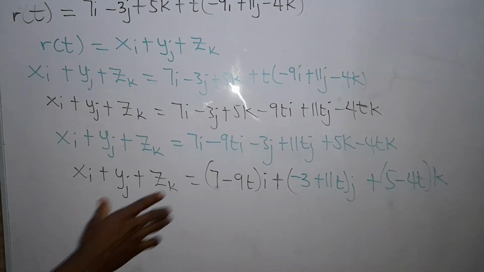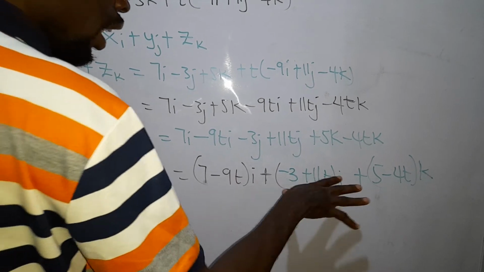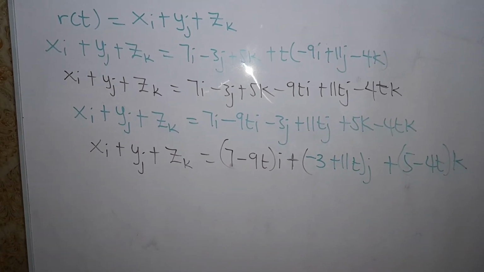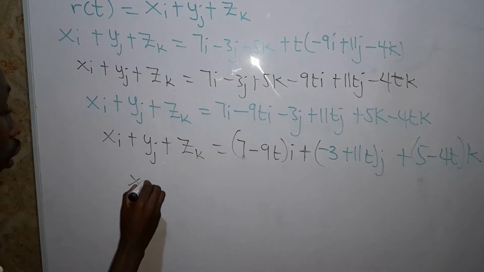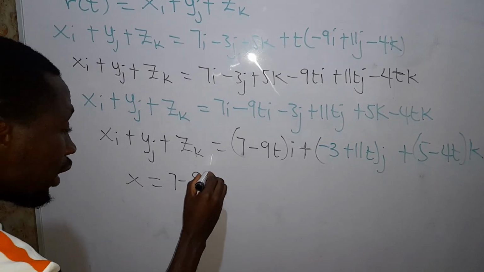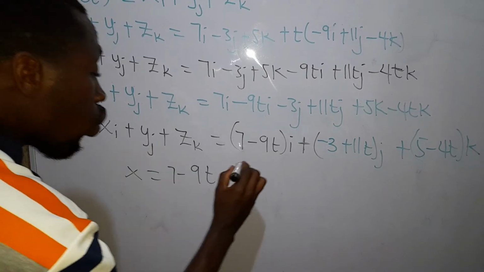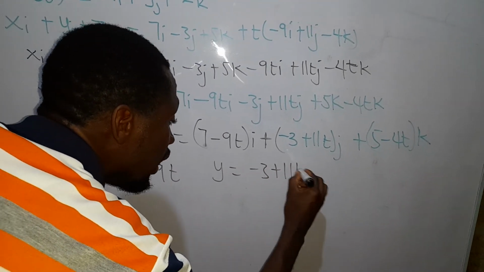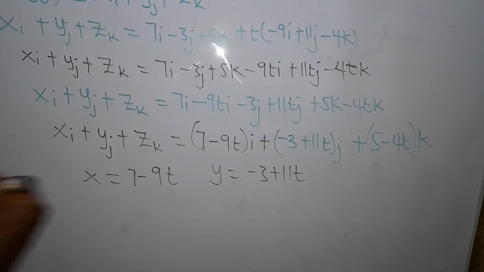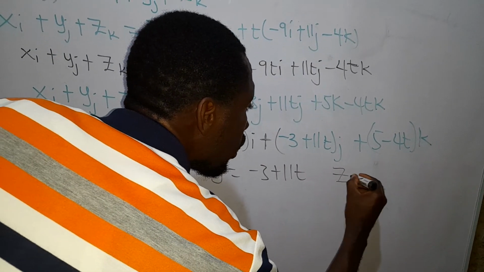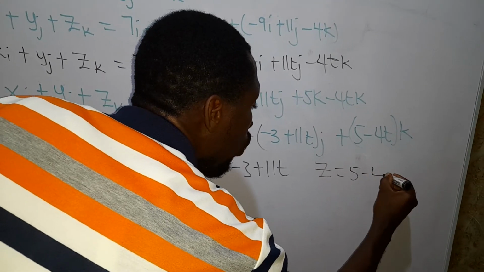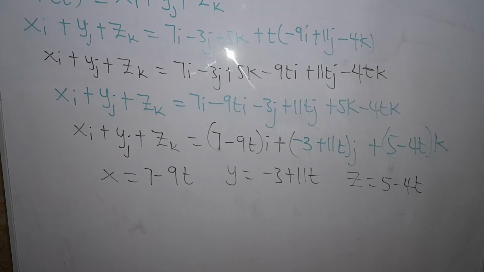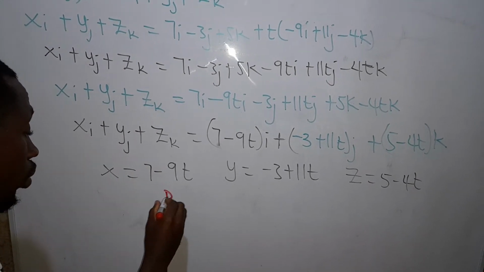So we have managed to factor out the scalars i, j, and k. Now you can see that on comparing, x will be equal to 7 minus 9t, y will be equal to -3 plus 11t, and z will be equal to 5 minus 4t. Then this becomes the parametric equation.